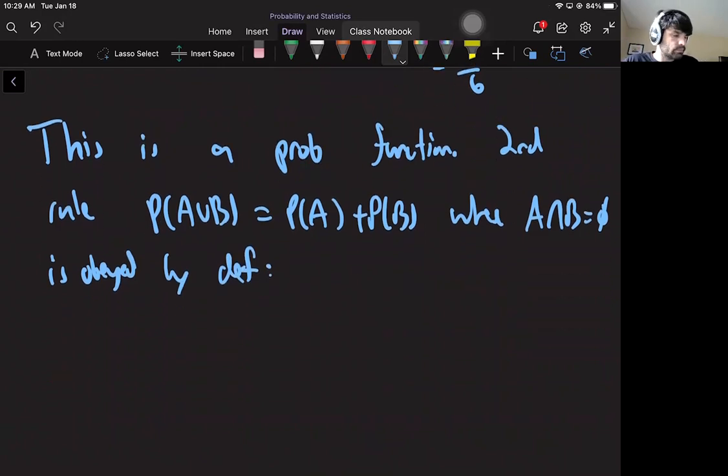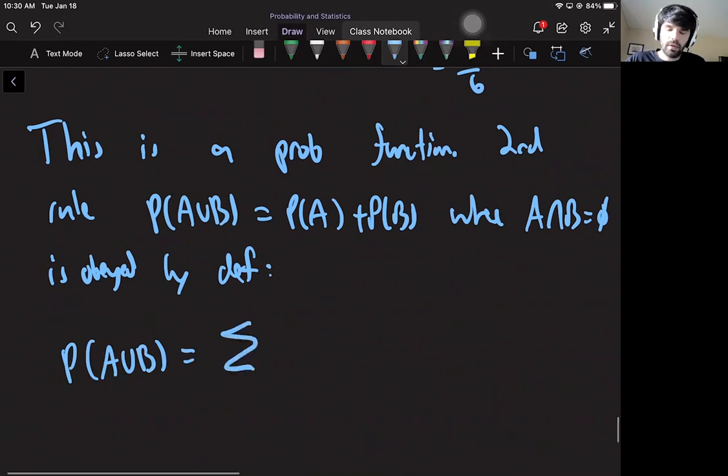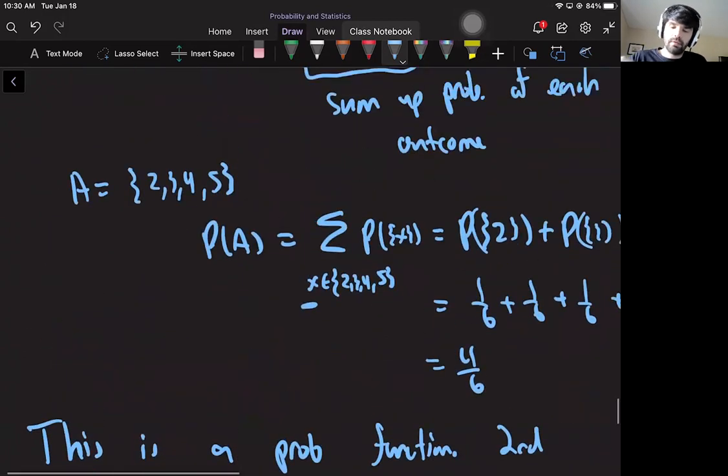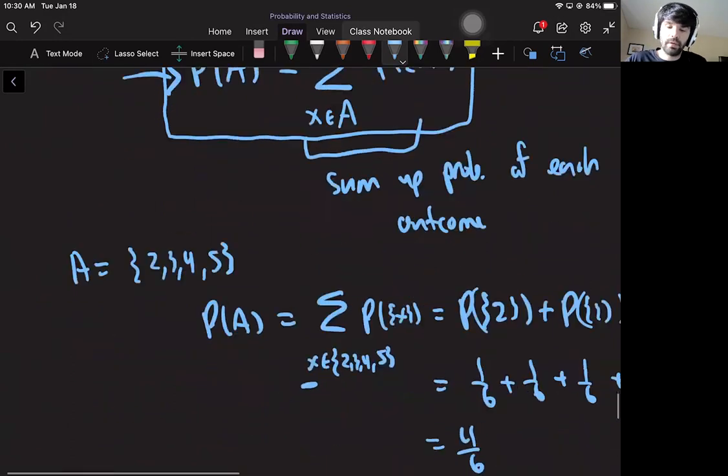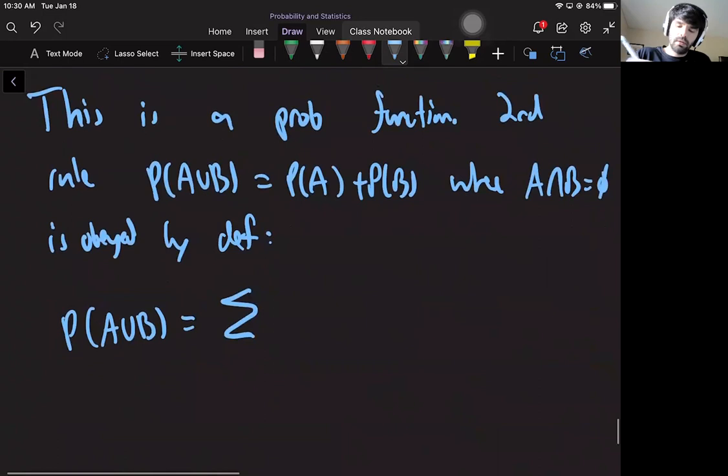So if A intersect B is disjoint, then what is this? Well, by definition of how I defined my probability of events, which is this thing, it's going to be this.